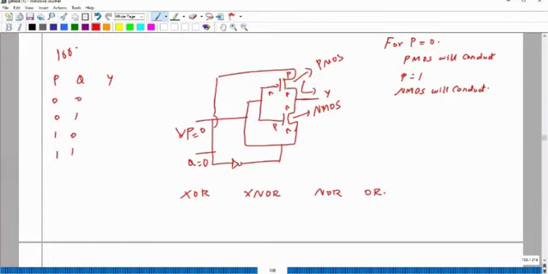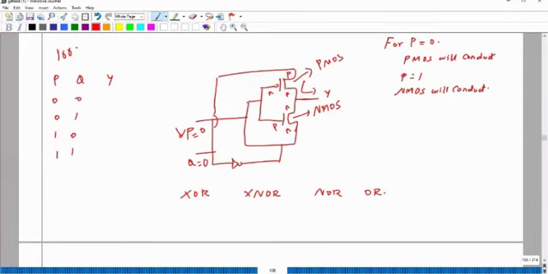Being a 2:1 mux, here x is my selection pin, and I have only one selection pin. There are 2 inputs, and this is your output. Always you have only one output for a mux.